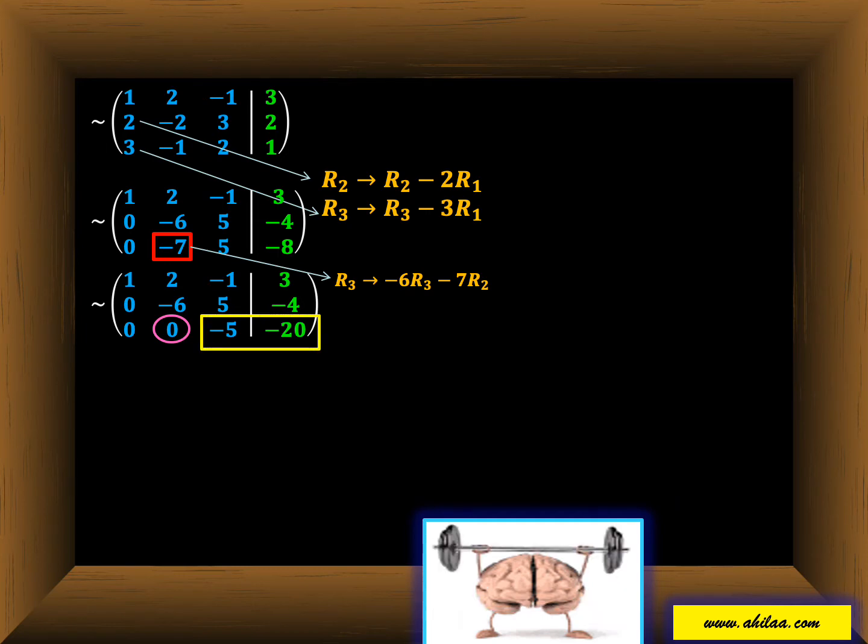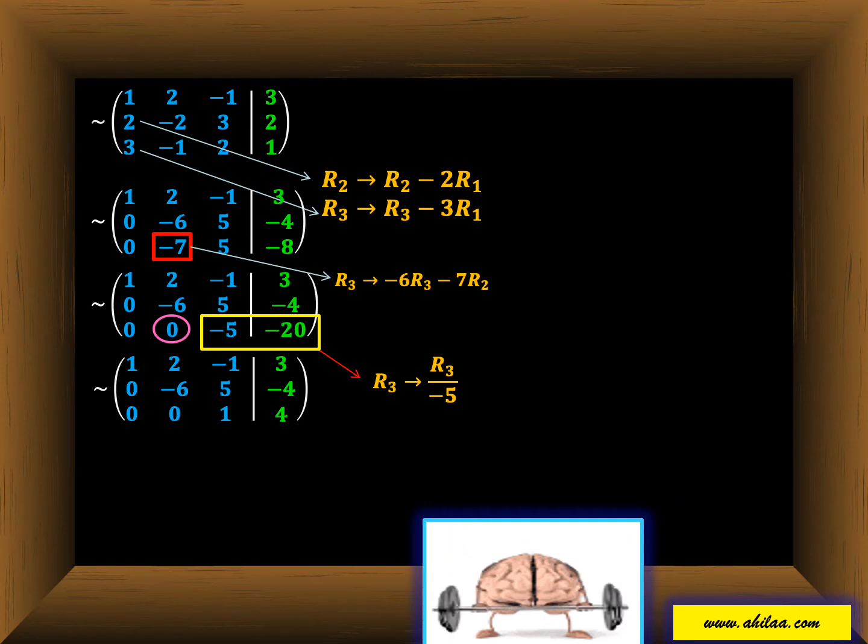And the other elements in the third row are divisible by minus 5. So to make it simple, we can divide the third row by minus 5. Even without that, you can directly proceed to back substitution. Now I make R3 goes to R3 by minus 5, so that I am getting this equivalent matrix.